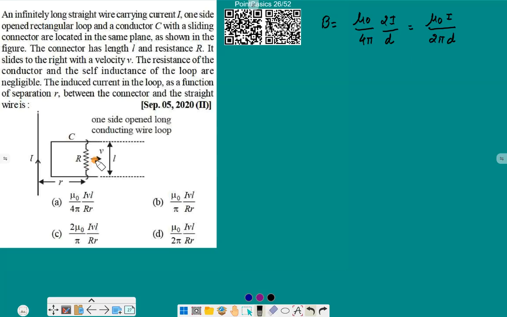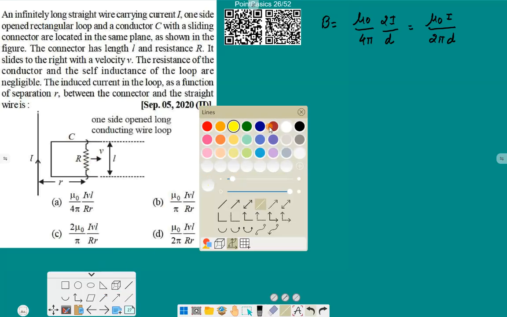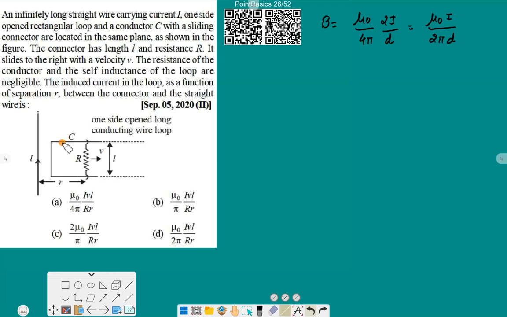So to solve this type of question, we have to use integration, and for that what we will do here, we will consider a small element. Let us consider a small element. So suppose this is our small element of this closed loop, of thickness dx at distance x from the wire.